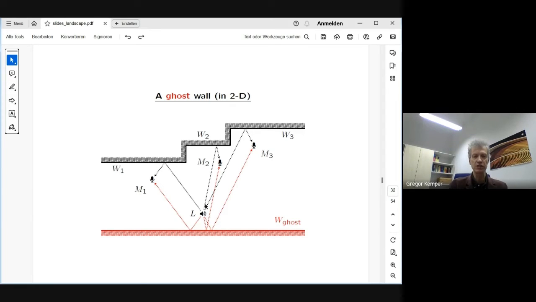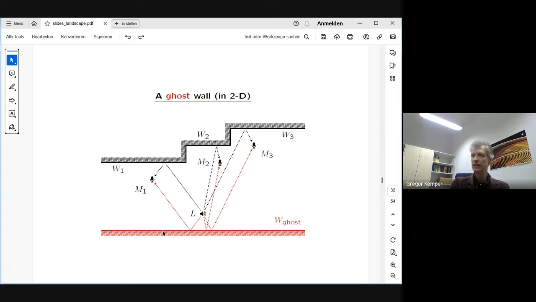So here's a situation where the microphones receive three echoes. In reality, they come from three different walls, but the timings when they arrive will be exactly the same as if they were reflected by this ghost wall down here, which does not really exist. That's why it's painted in red.